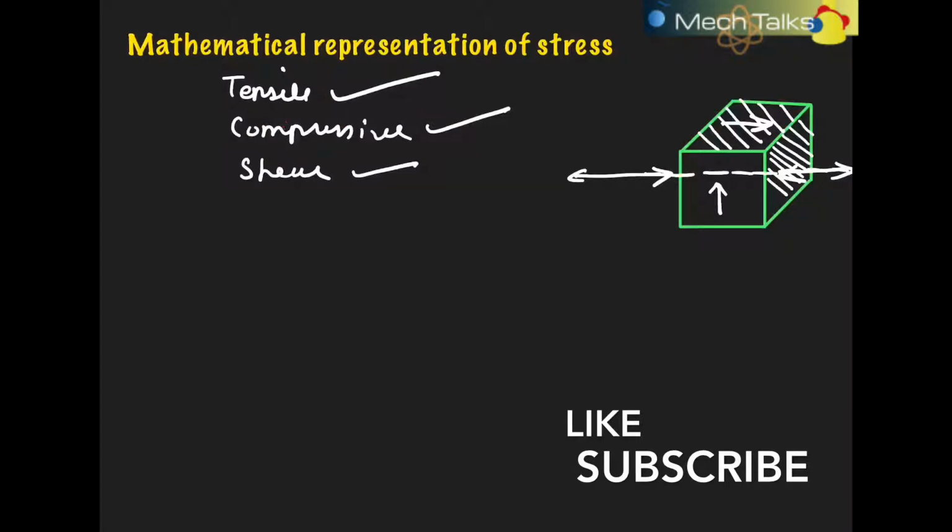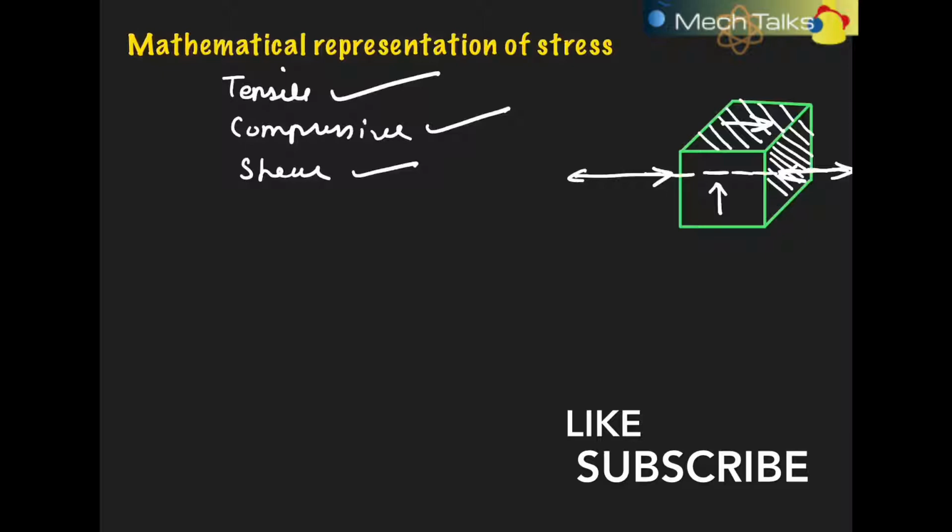all these stresses depend upon the area over which they are applied. If they are applied on this cross section, then they are tensile or compressive, or if they are applied parallel to the face of the object, in a direction parallel to this axis, then they are shear.